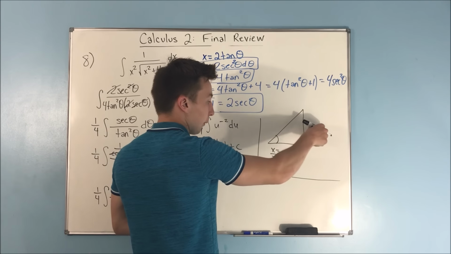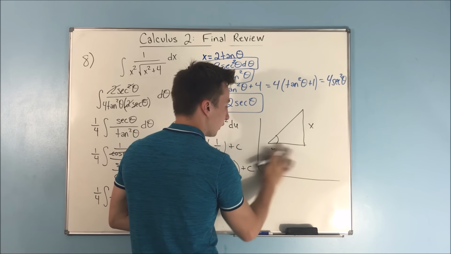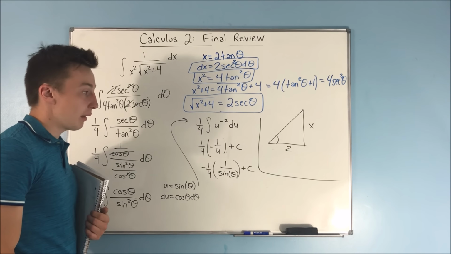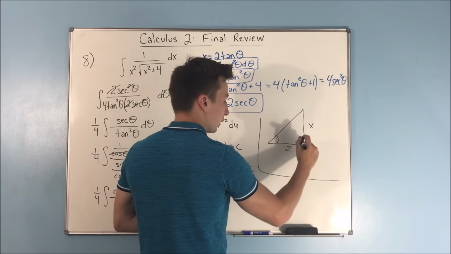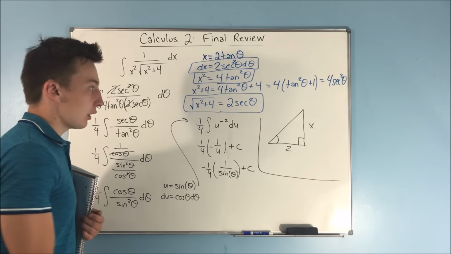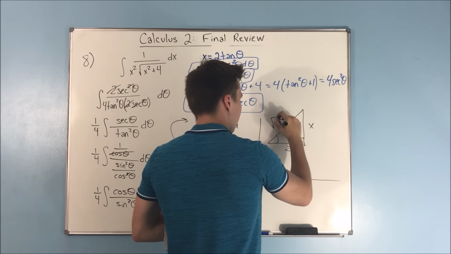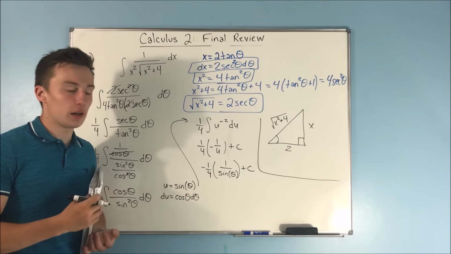This is our opposite side, this is our adjacent side, so we can write a 2 right here. Now if this is 2 and this is x and this is a right triangle, what is the hypotenuse? Well, the hypotenuse is the square root of x squared plus 4, doing a little bit of Pythagorean theorem there.